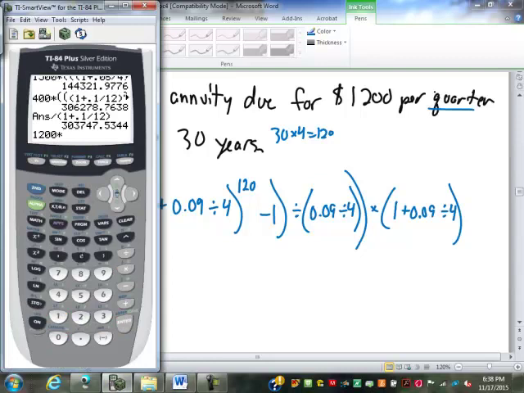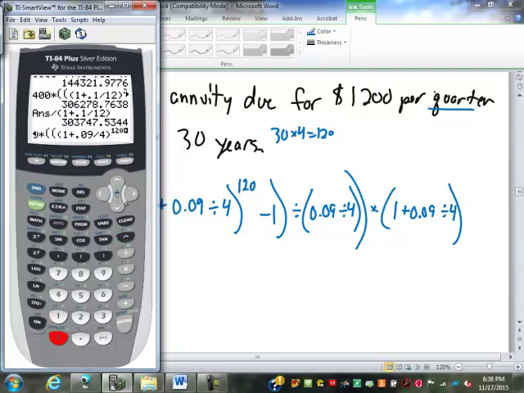1,200 times open bracket, 1 plus 0.09 divided by 4, close parentheses, power of 120, arrow out, minus 1, close, divided by open, 0.09 divided by 4, close parentheses, times, parentheses, oops, I gotta have 2 close parentheses there. Second one there, okay, now times open, 1 plus 0.09 divided by 4, close.